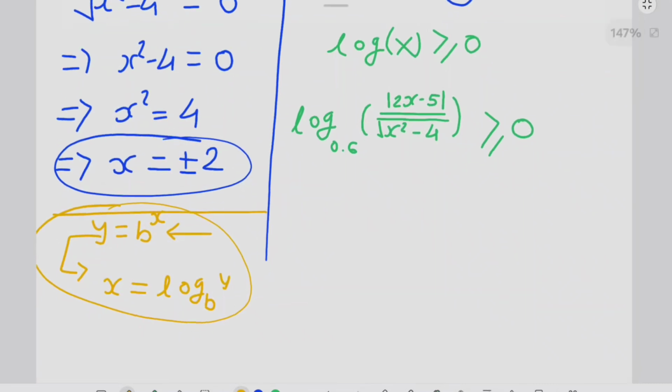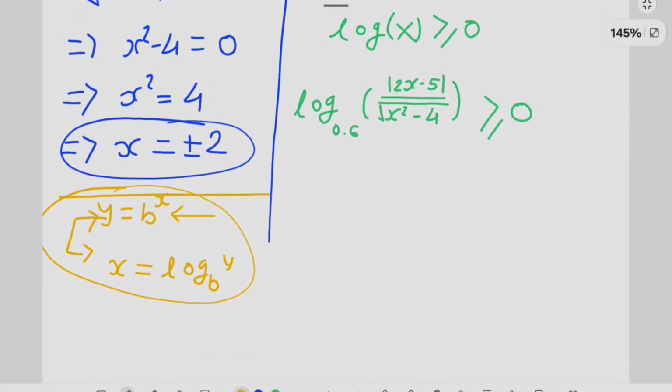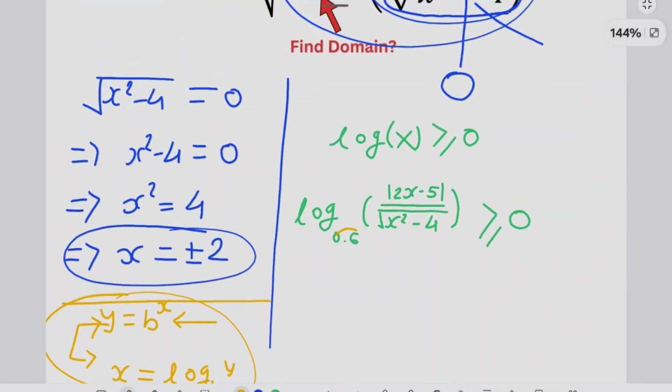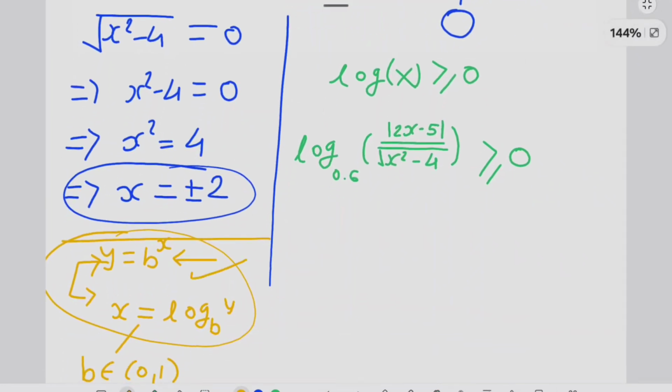We can convert logarithmic function into exponential function or reverse, vice versa. So here there is one condition, that b belongs to 0 to 1. So here our b is 0.6. So this is already satisfying this condition.